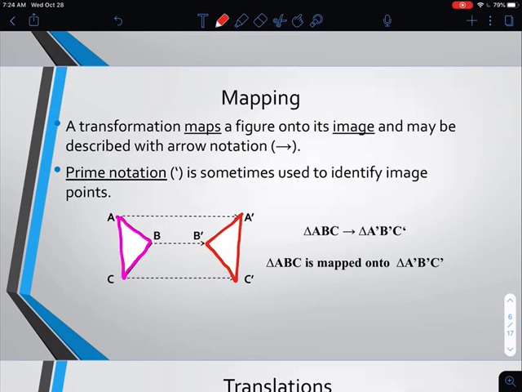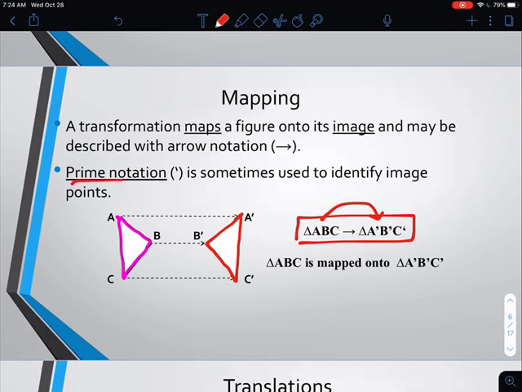So we had this transformation. Now the mapping would be this statement right here. It's telling us which direction we're heading. So I went from triangle ABC to triangle A prime, B prime, C prime. So you're going to tell what the figure is and how we went from there to the other. And we're going to write rules that tell us how that mapping works. How do we get from that figure to that figure?